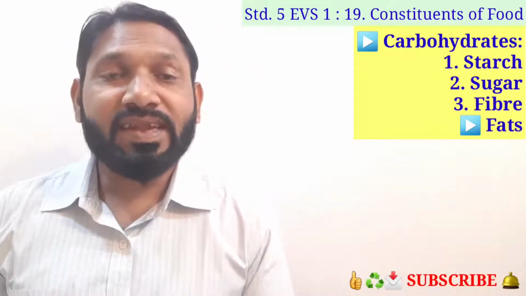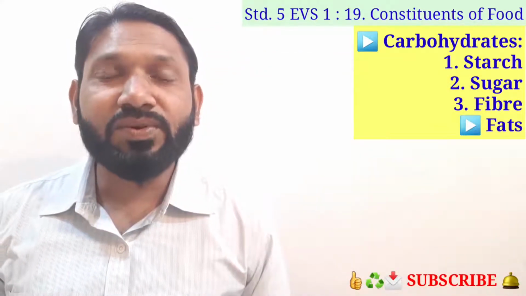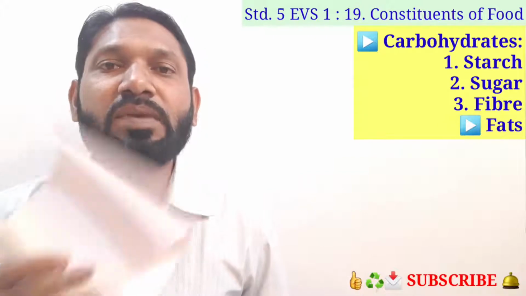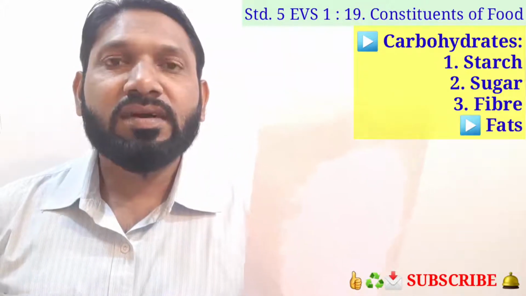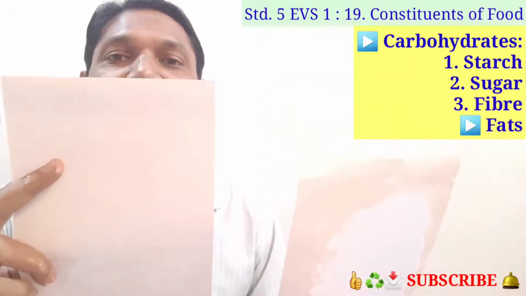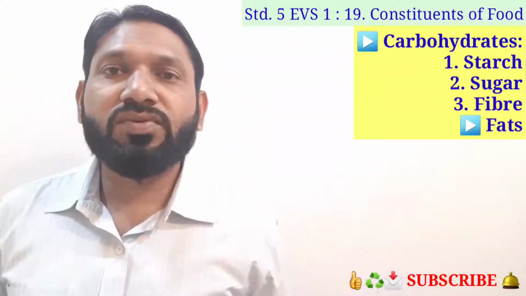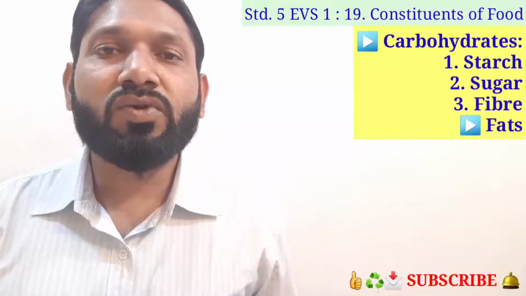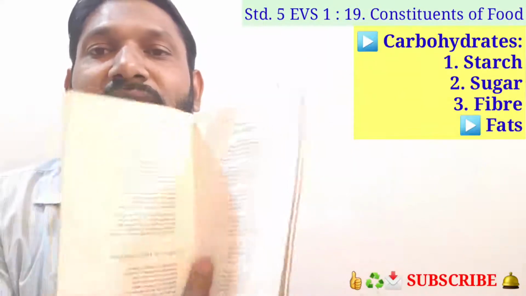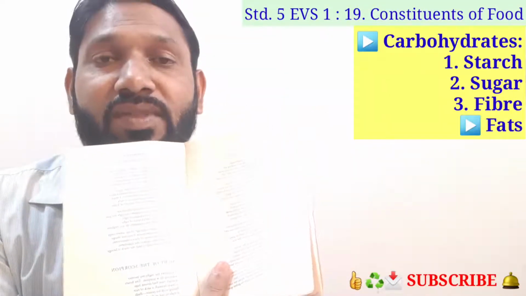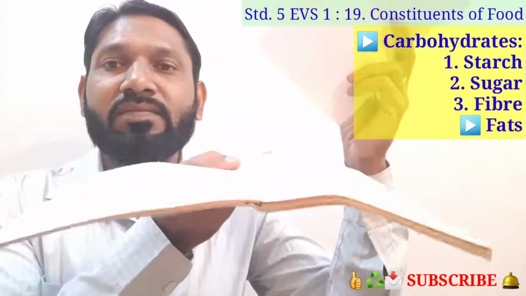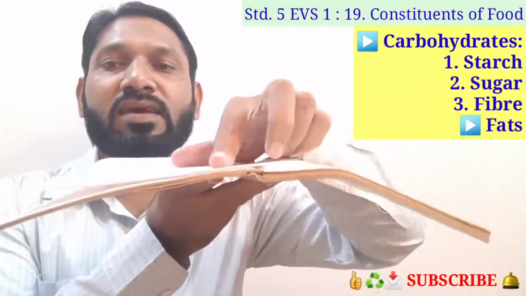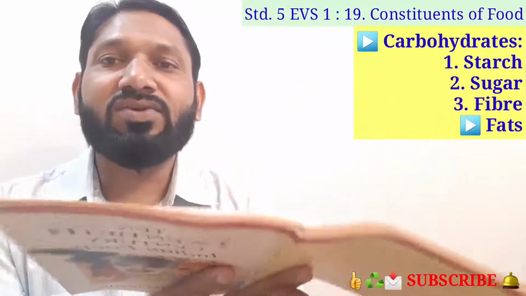Now the next step is that here we have 2 pieces of paper. One piece of paper is rubbed with oil and the second one is without oil. What you have to do is put the paper on the printed material and read it. For example, I am putting the paper on this printed material and I will try to read.